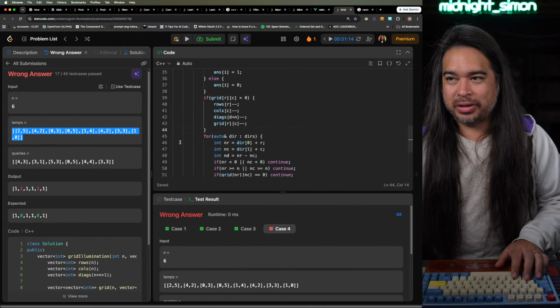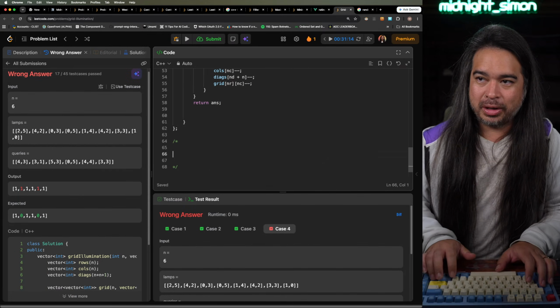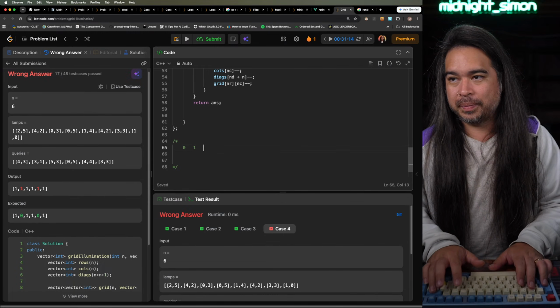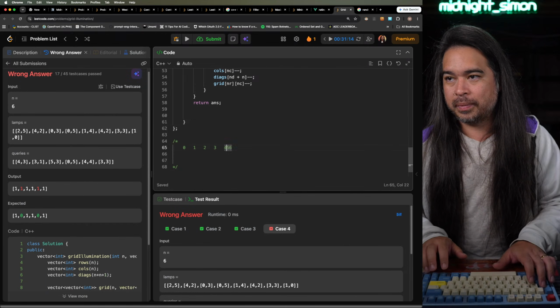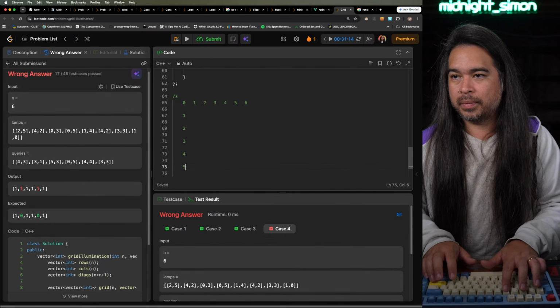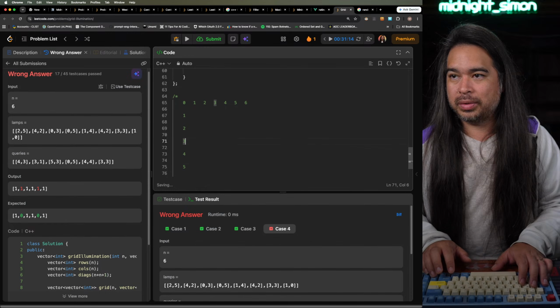Is it that my diagonals are messing up? Alright, I don't want to do it, but I'm going to do it anyways. I'm going to draw it out to see where I'm going wrong. So they say row 2, column 5, row 4, column 2.